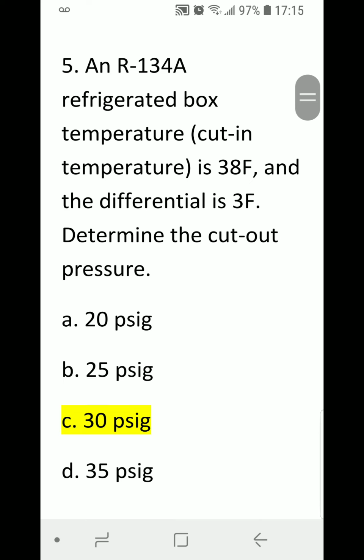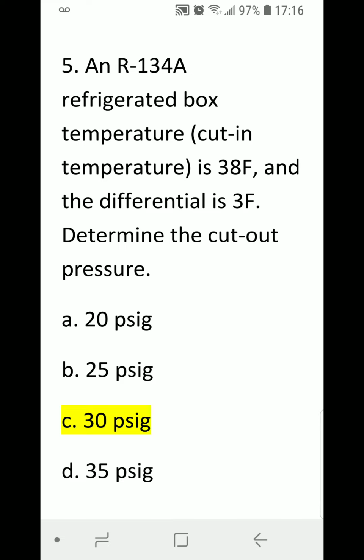Number 5. An R134A refrigerated box temperature, cut-in temperature is 38 Fahrenheit and the differential is 3 Fahrenheit. Determine the cutout pressure.